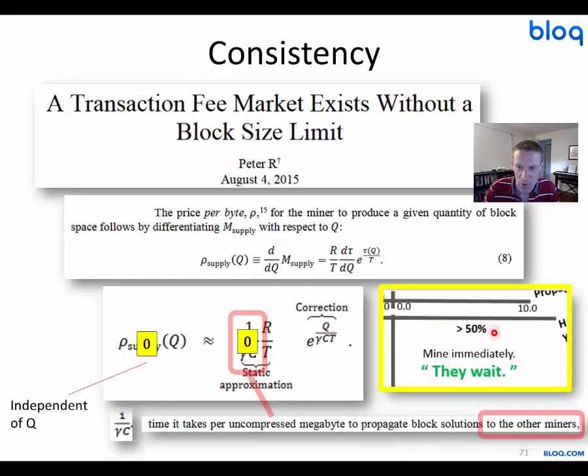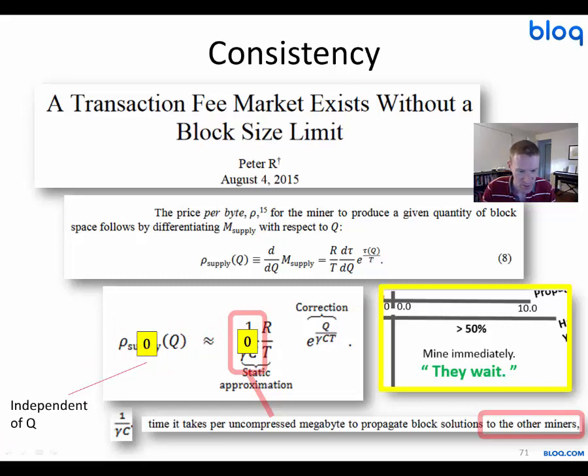Now again, if you're in this group, you just have to sell the block to yourself. So you get that instantaneously. And so this 1 over gamma c is 0, which means that this equation is always 0, which means that while one purpose of deriving this equation was to say that supply was a function of quantity, Q, since it's now always 0, it is no longer, in this case, dependent on Q.